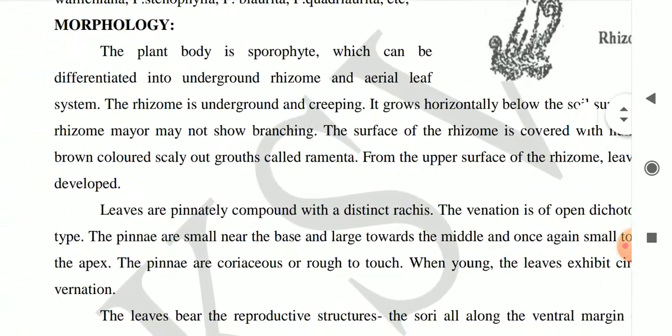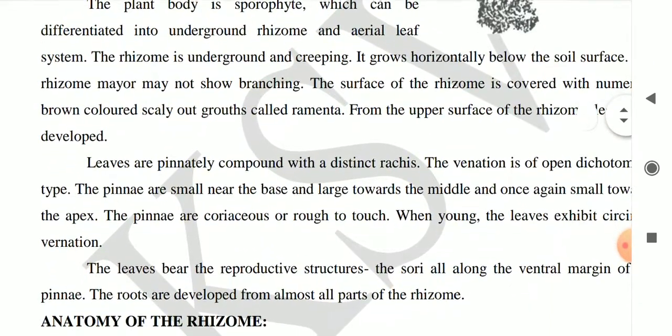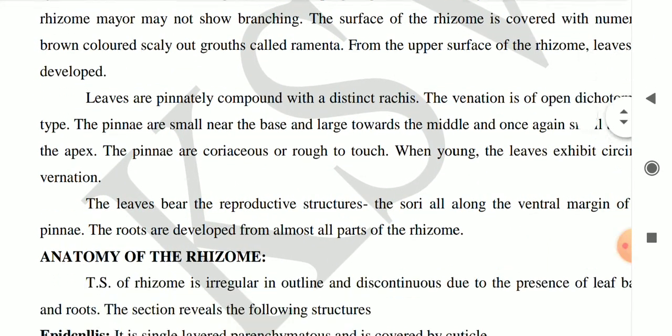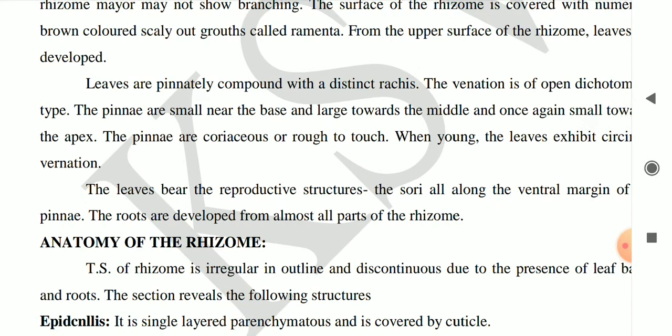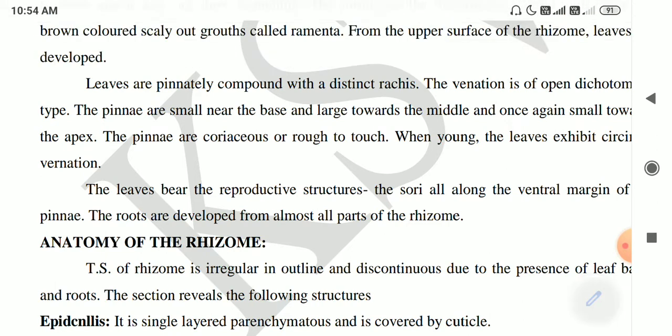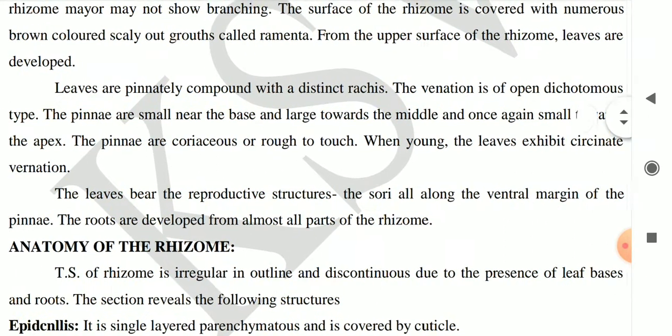The leaves are well developed in the case of Pteris. If you take other pteridophytes, like Psilotum and other groups, the leaves are not well developed. But in Pteris the leaves are well developed, pinnately compound and distinct in nature, and the venation is of dichotomous type.